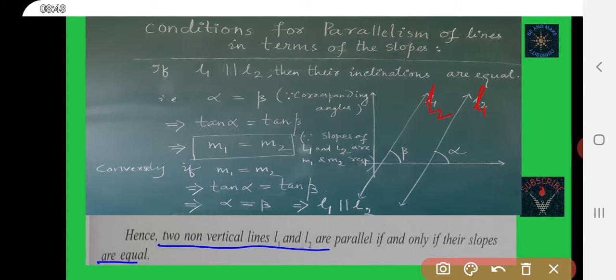That means if two lines are parallel, then their slopes are equal. If their slopes are equal, then the lines are parallel to each other. Okay, next.